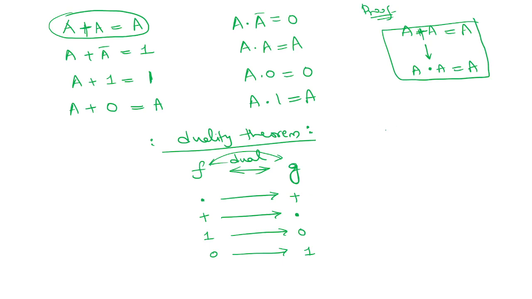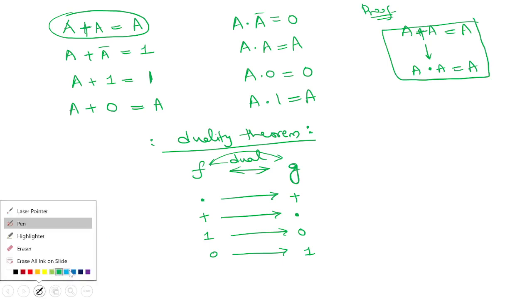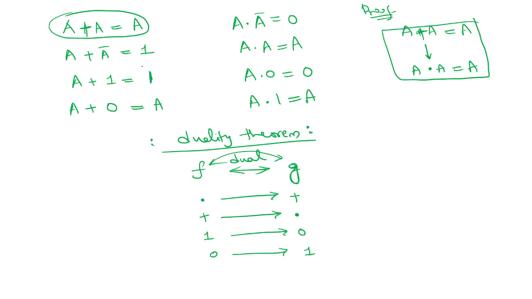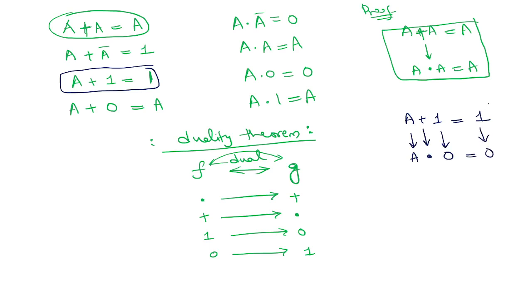True, correct? Then a second proof. Take this one: A plus 1 is 1, right? Now according to duality, what should you do? Replace OR with AND, and 1 with 0. A and 0 is 0. Perfect. This is also true.